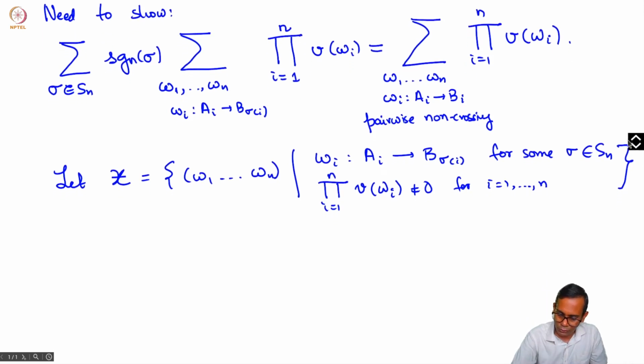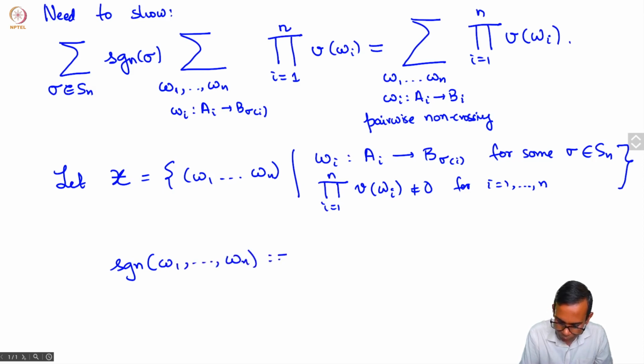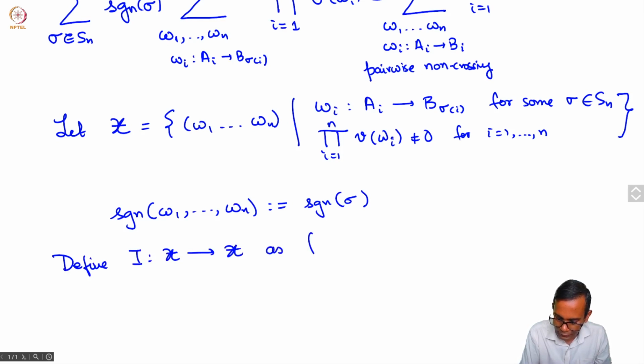Now we'll define an involution on X, a sign reversing involution. So I should define what the sign is. The sign of (omega_1, ..., omega_n) is just defined to be the sign of the permutation sigma that underlies these omegas. Okay, now I'll define a sign reversing involution. So define I from X to X as follows.